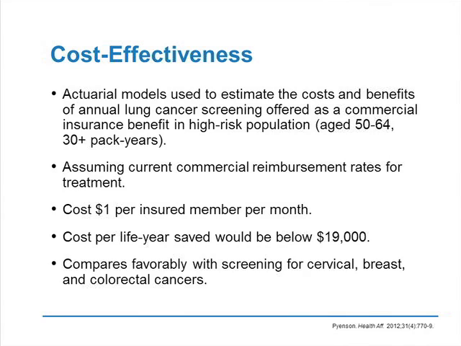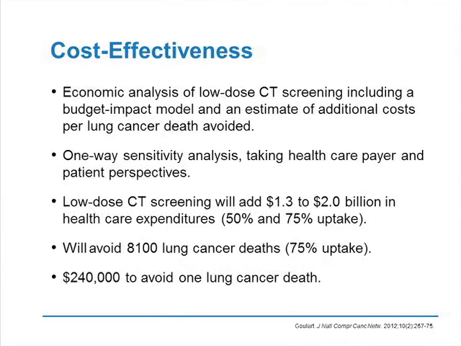Other examples include one looking at things from an insurer's perspective, where they said the cost per life year saved would be below $19,000. Many critics of this study felt some of the testing may not have been included in the analysis as much as it should. Another study, taking a slightly different approach, said it would cost about $240,000 to avoid one lung cancer death.